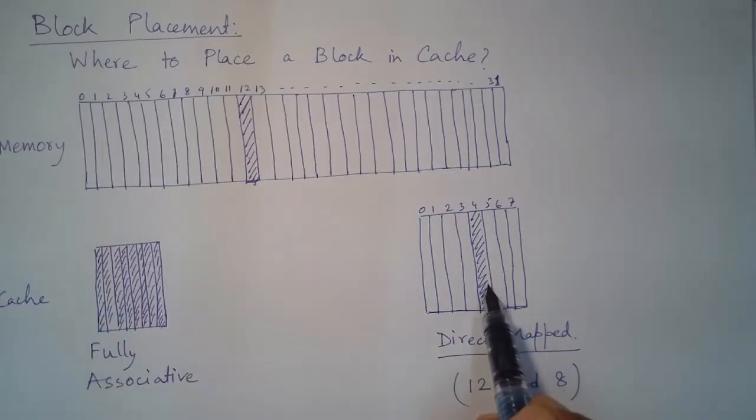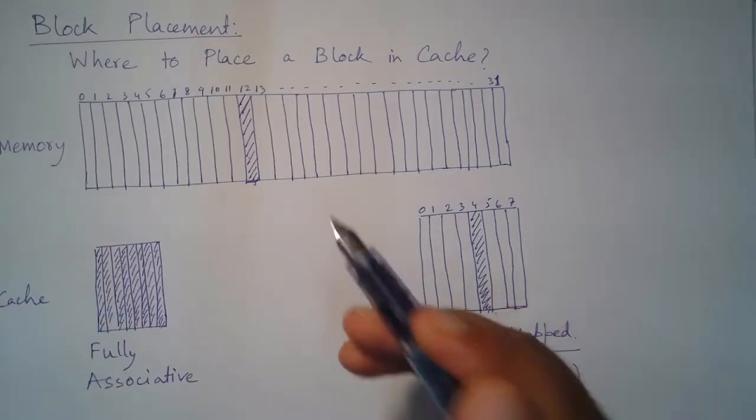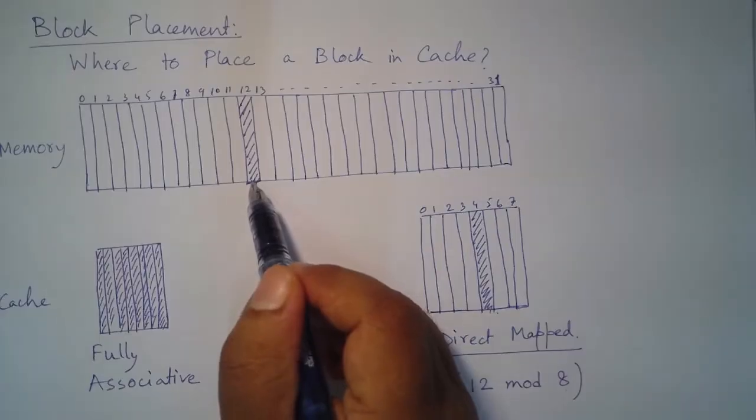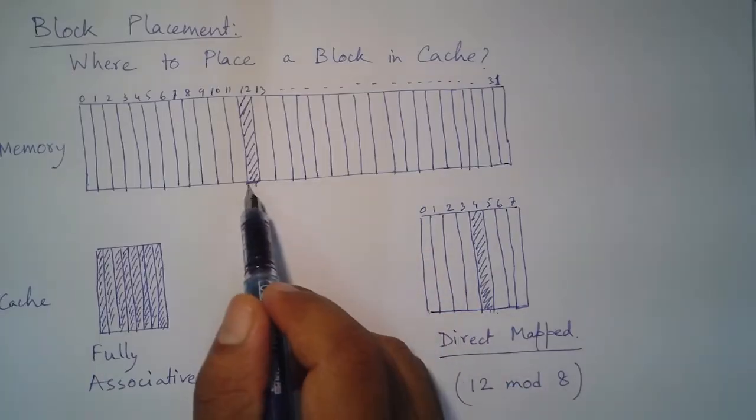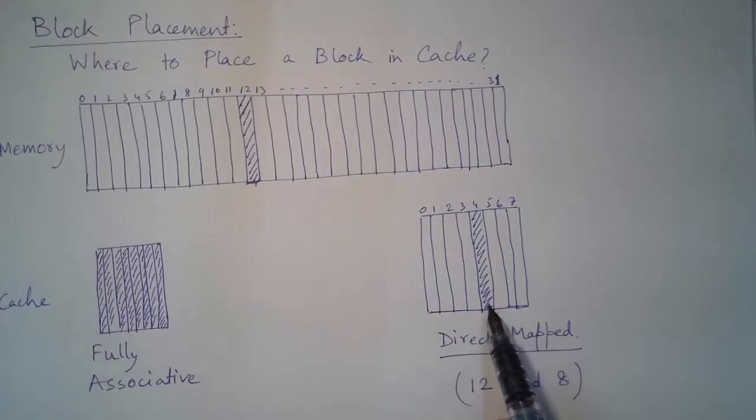And if again after some time you want to access block number 12, then again you have to bring in block number 12 and replace this here. So you need to do a lot of back and forth, which wastes a lot of bandwidth, right. So you don't want to have that kind of situation.